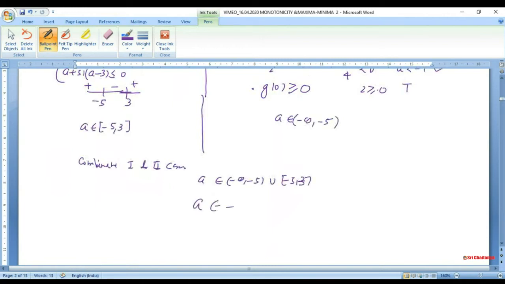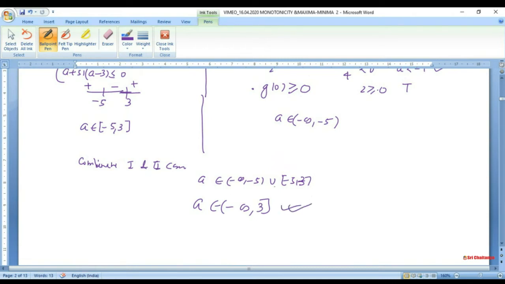That happens to be a belongs to negative infinity all the way to 3. So this is your answer.